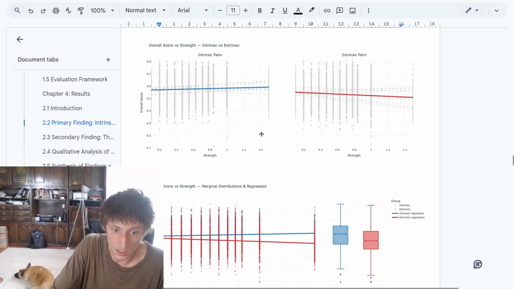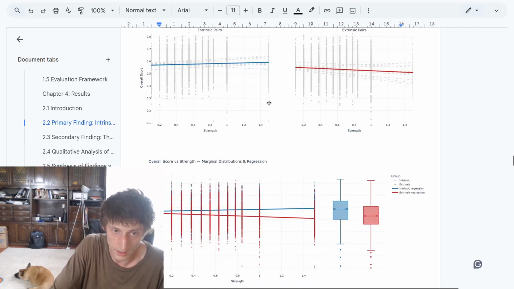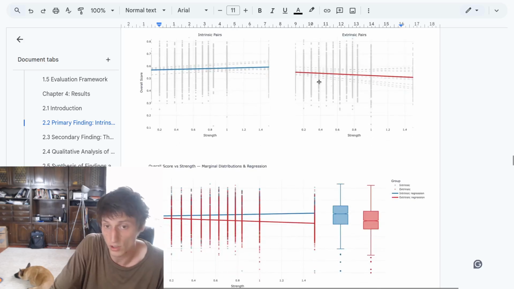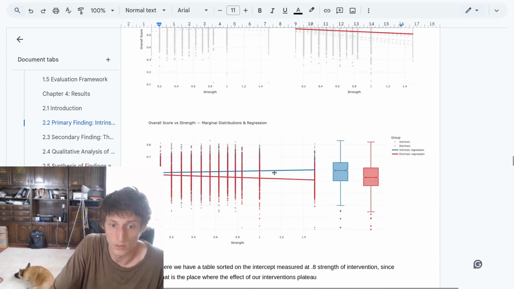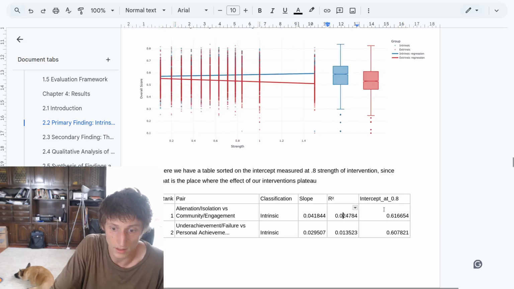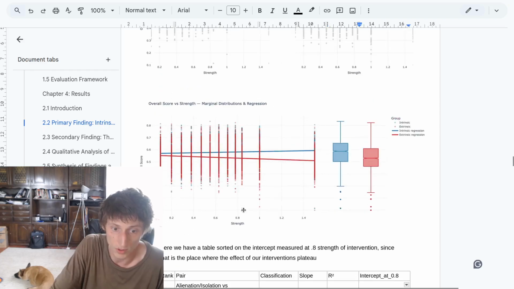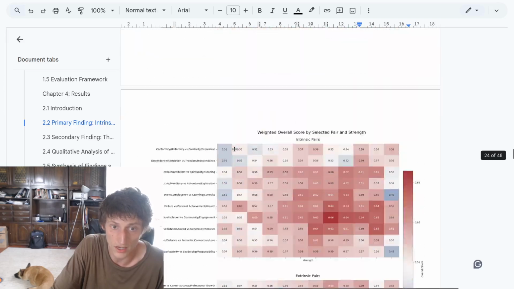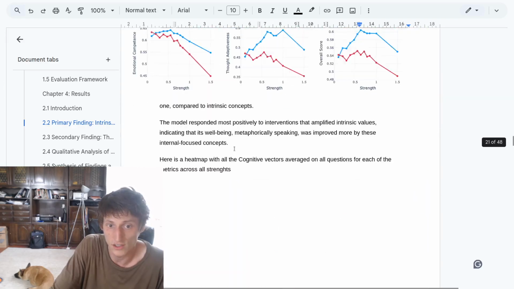These are some of the linear model lines, and we can see that there is a difference there, and we have a table sorted at 0.8. At 0.8 we measured the highest score.